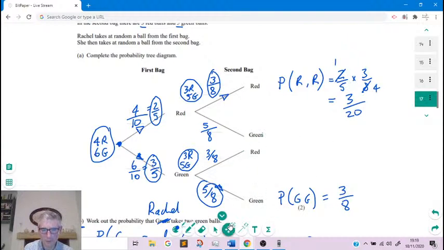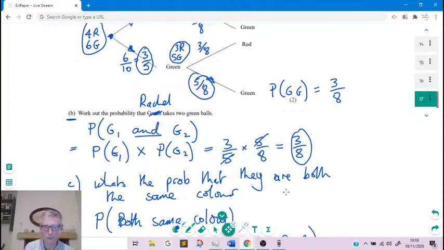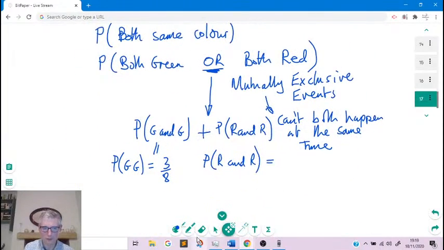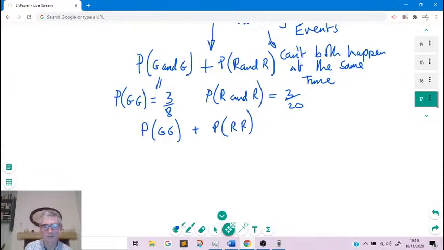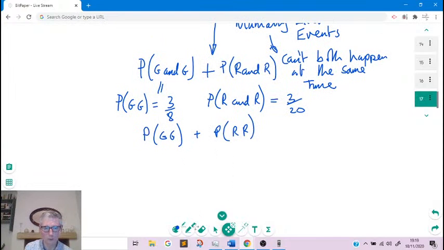The 3/20 is what we've got for red and red. So the probability of green and green plus the probability of red and red, in other words the probability of getting both green or both red, would be those two probabilities added.